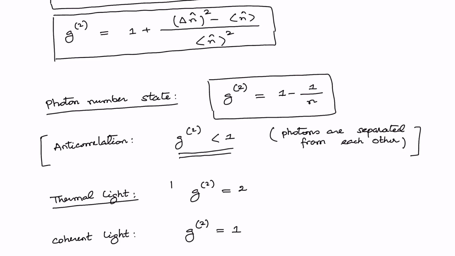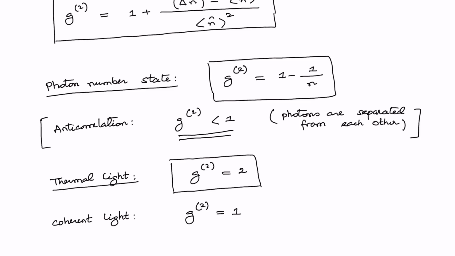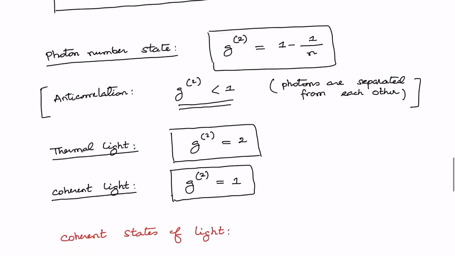As you have seen in the last class, the second order correlation function for thermal light is 2, which means that the thermal photons are very strongly correlated to each other, and that gives rise to the phenomenon of bunching. Then we also calculated the second order correlation function for coherent light, or Poissonian light, and it turns out to be simply equal to 1, which means that the photons in coherent light are independent of each other.